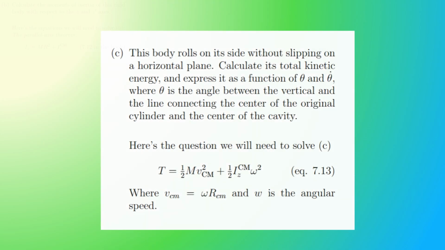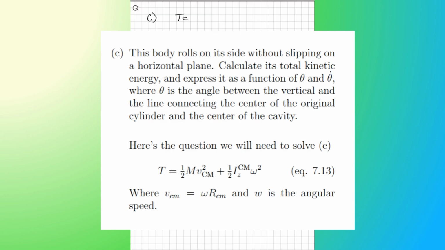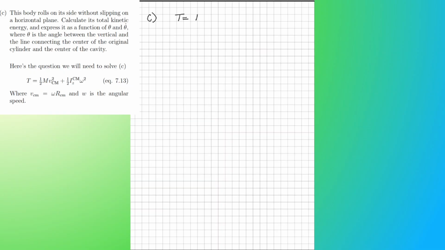So in C, the body rolls on its side without slipping on a horizontal plane. We're asked to calculate the total kinetic energy and express it as a function of theta and the derivative of theta, where theta is the angle between the vertical and the line connecting the center of the original cylinder and the center of the cavity. The kinetic energy of that kind of system is given by the kinetic energy of the center of mass, plus the kinetic energy from the rotation.